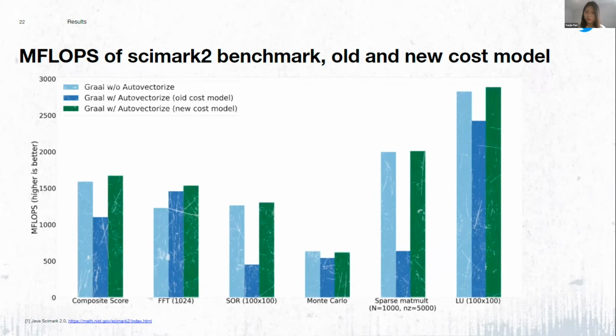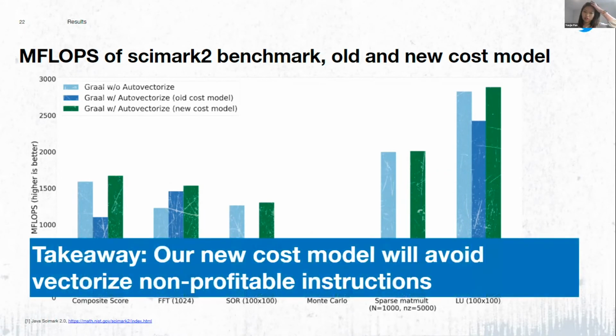However, when we use the new cost model, which considers the non-beneficial cases, we still see the benefit of auto-vectorization for FFT, but for the other cases the final code has similar or better results compared with Graal without auto-vectorize, the first bar. So the takeaway is that our new cost model will avoid vectorizing non-profitable instructions.